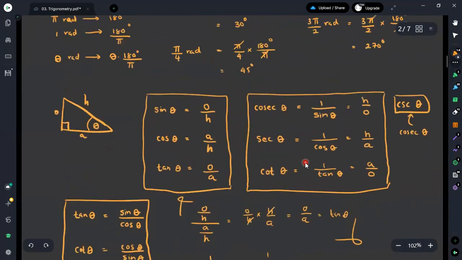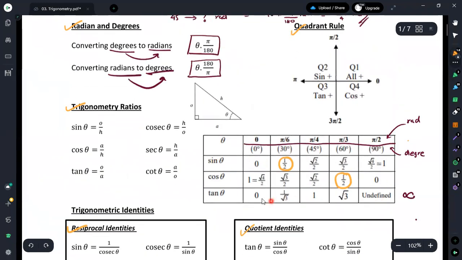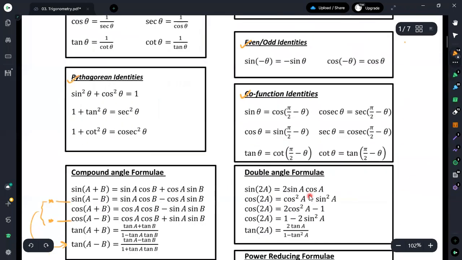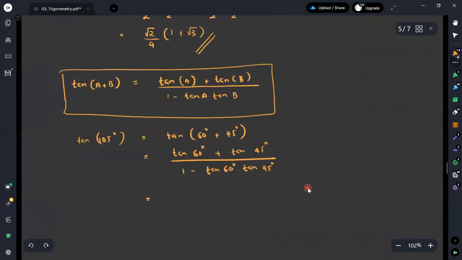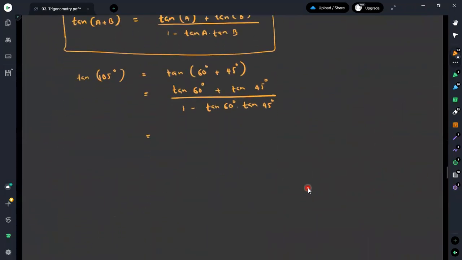For tan 60, we get root 3, and tan 45 is equal to 1. Therefore, if you do the appropriate substitution, you will get root 3 plus 1 divided by 1 minus tan 60 degrees times tan 45, where tan 60 is again root 3 multiplied with 1.